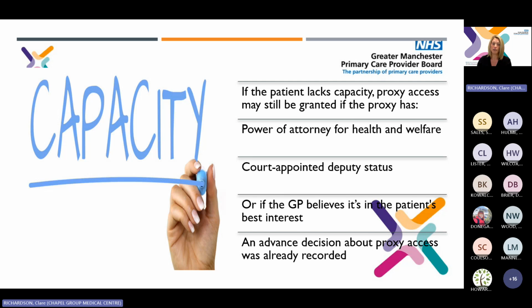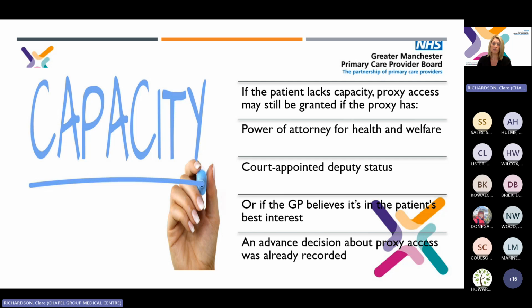If a patient made an advanced decision about future proxy access, which was recorded in anticipation of future loss of capacity, then any decision made must be followed. For example, a patient would have capacity and they planned for a son never to have access to the medical records, or for certain parts of the records not to be shared.